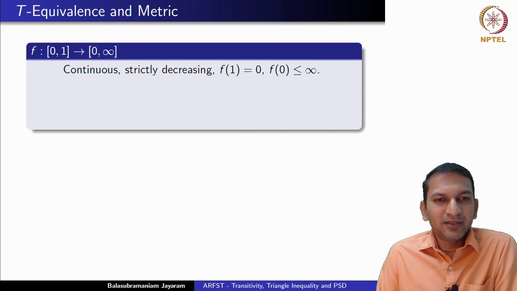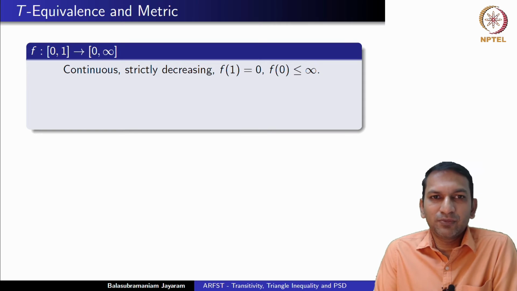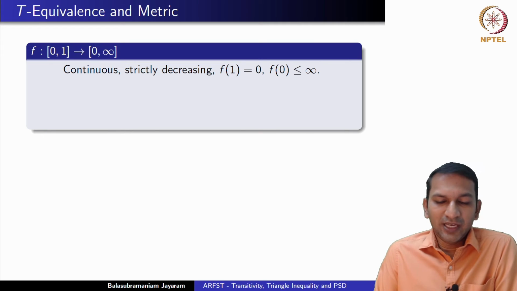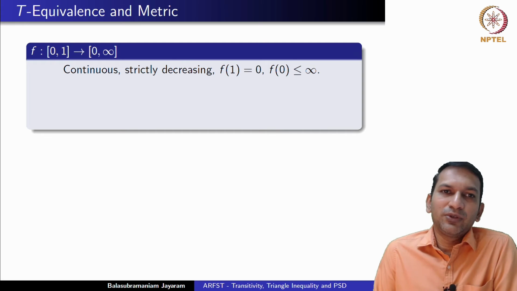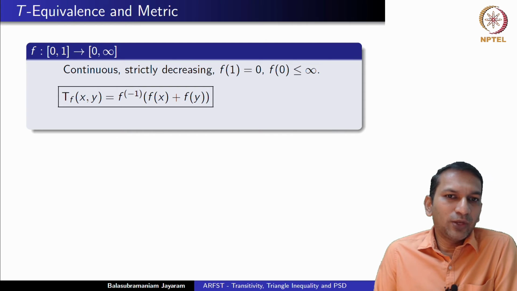A quick recall. If you consider the additive generators of a T-norm, which are functions f from [0, 1] to [0, infinity], continuous, strictly decreasing, f of 1 is 0, and of course f of 0 can either be infinite or finite, we know that we can obtain a continuous T-norm T_f in this fashion.